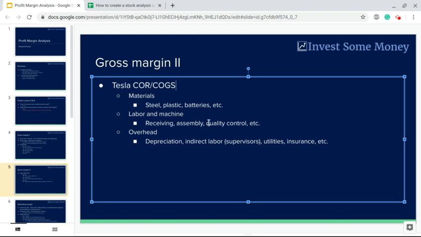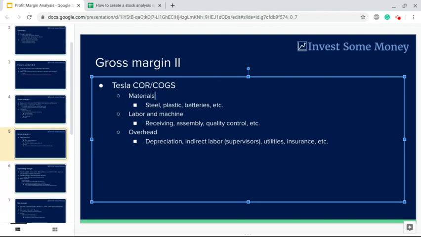I assume there's at least some human element to making these vehicles, things like quality control, and then finally overhead, things like depreciation, indirect labor, your supervisors out on the shop floor, utilities, insurance, etc. Again, everything that goes into these vehicles as they're made from the point that the materials are purchased up until the point that they get loaded on a truck, title gets transferred to someone else, and they get shipped.